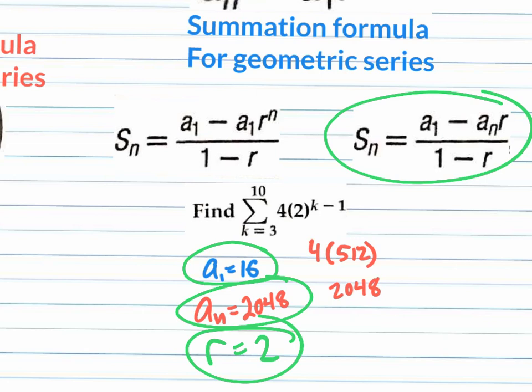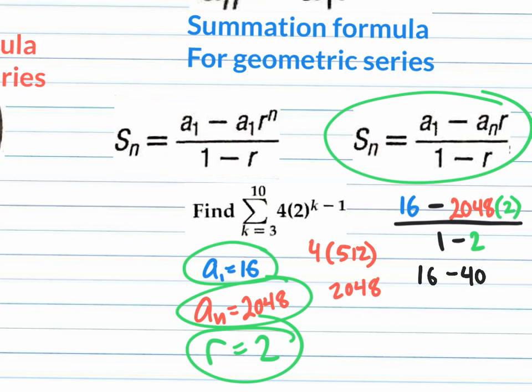So let's do this. a sub 1, 16, minus a sub n, the last number, 2048, times the common ratio r, which is 2, all divided by 1 minus r, 1 minus 2. So let's do the math here. We end up with 16 minus 2048 times 2, which is 4096.